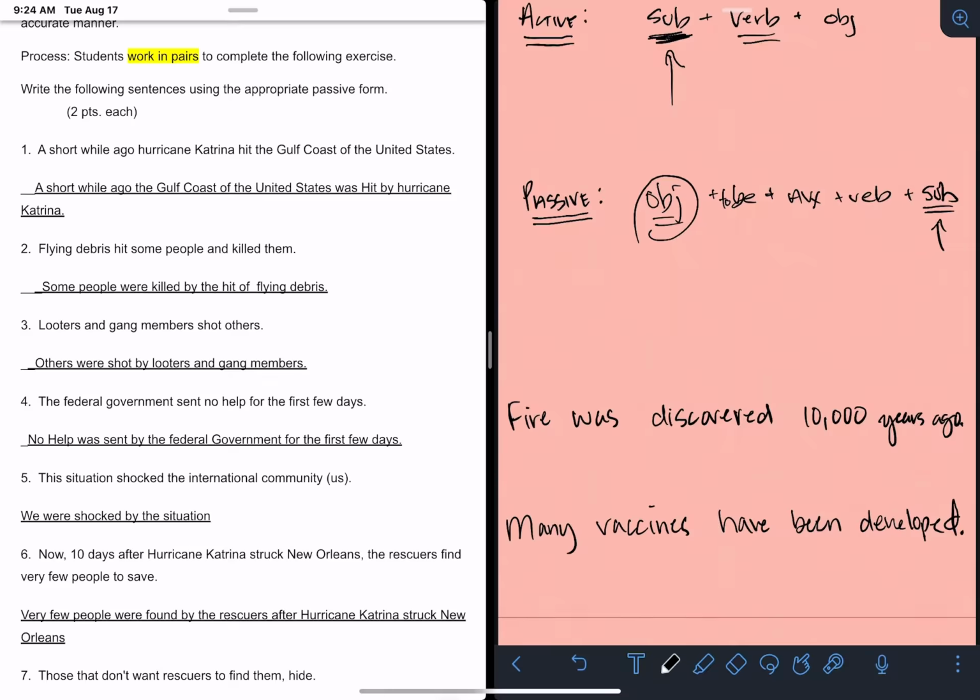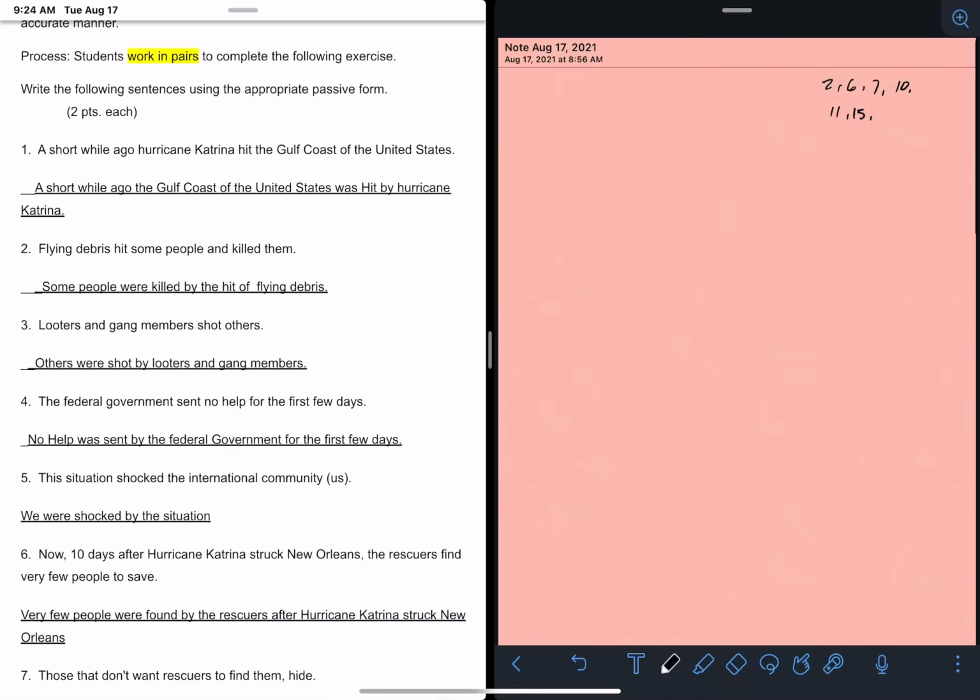So, looking at the sentences that I saw we have to review. Number 2 says, flying debris hit some people and killed them. The only thing that I would give you as a clue here is to follow the verb order.